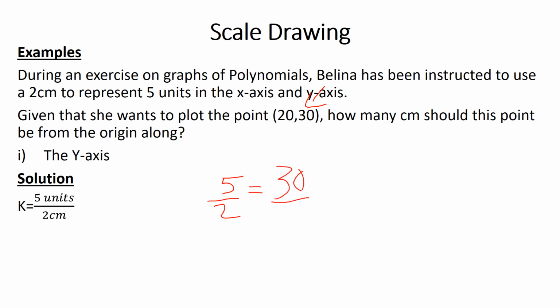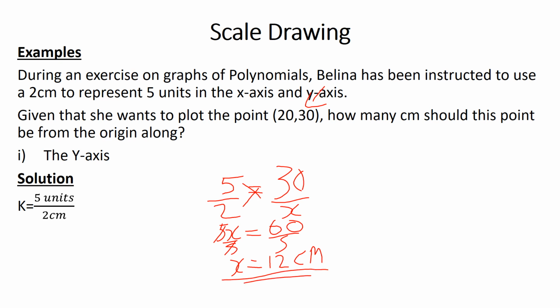Then actual distance is x. So when you cross multiply, 5 times x is going to be 5x, then 30 times 2 is going to be 60. Okay, divided by 5, divided by 5. So 60 divided by 5 is going to be 12. So 12 centimeters.